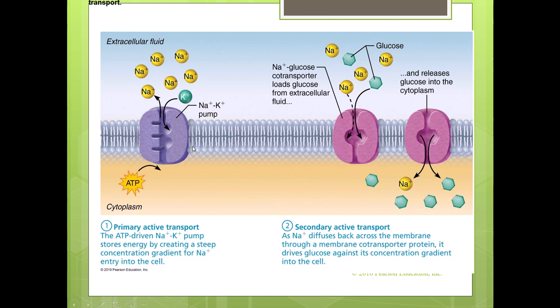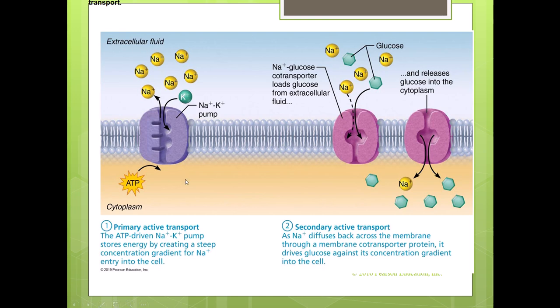Well, when we have a hill, we have a form of potential energy. And so we have secondary active transport, which doesn't directly use ATP, but indirectly uses it, because its source of energy is really the potential energy from the concentration gradient.